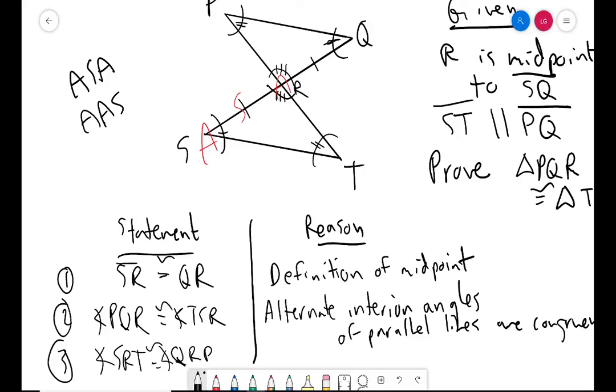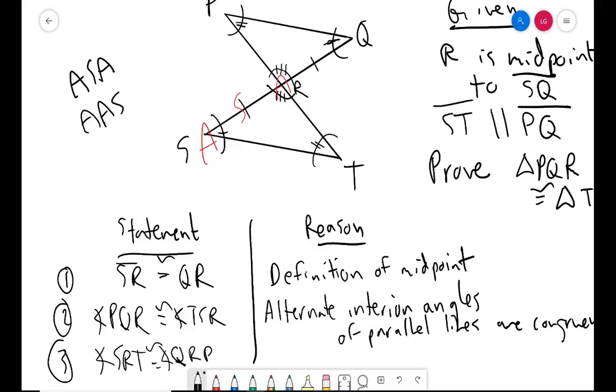The answer is direct, but sophisticated. Those two angles are supplemental to the same angle, right? Meaning the measure of SRT plus the measure of a certain angle is 180.